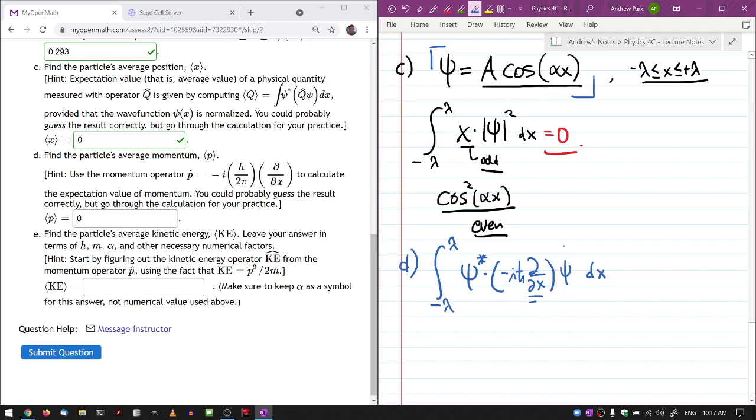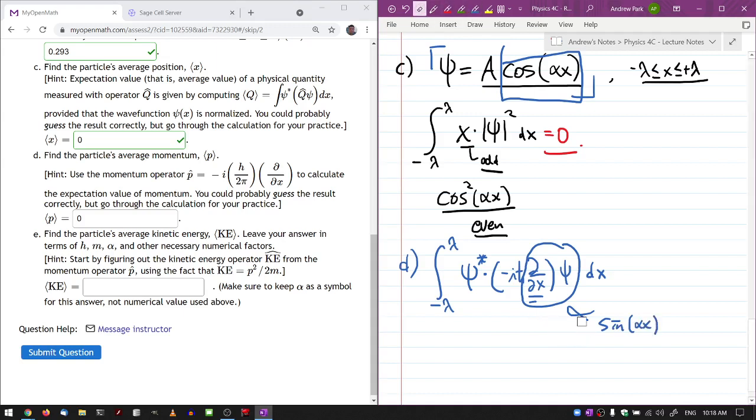Now, when you imagine applying this derivative operator, it applies to this portion, cosine of alpha x. So out of this part, you get something that is proportional to sine of alpha x. I mean, there's a minus sign, but that doesn't matter.